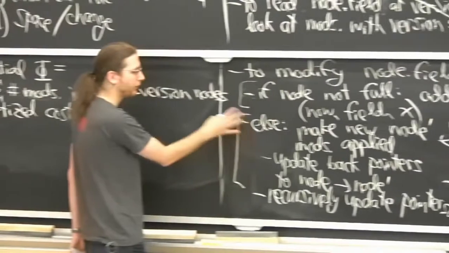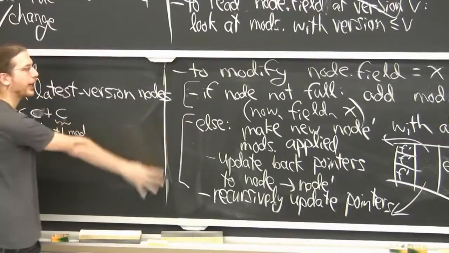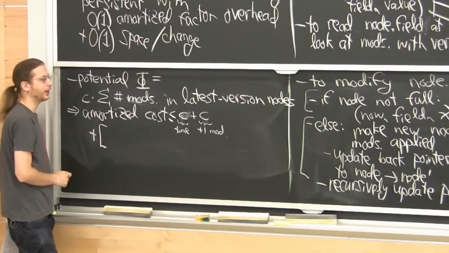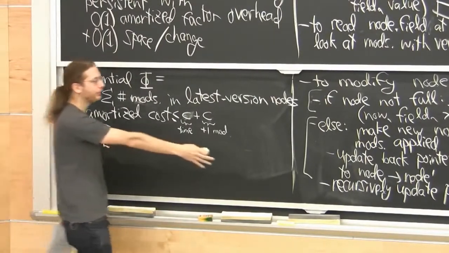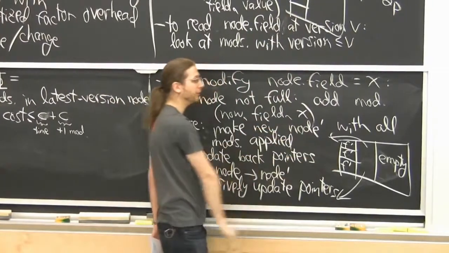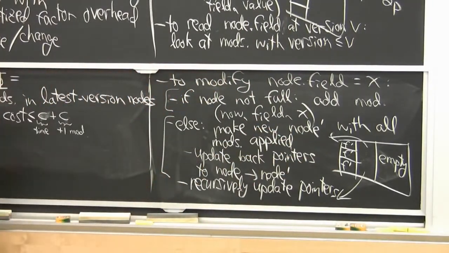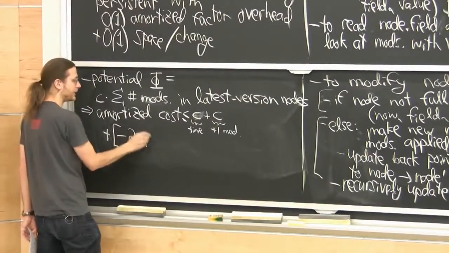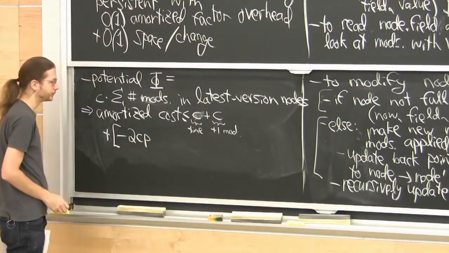And then there's this annoying part. And this might happen, might not happen. So then there's a plus, maybe. If this happens, we decrease the potential because we empty out the mods for that node in terms of the latest version. So then we get a negative 2CP change in potential.